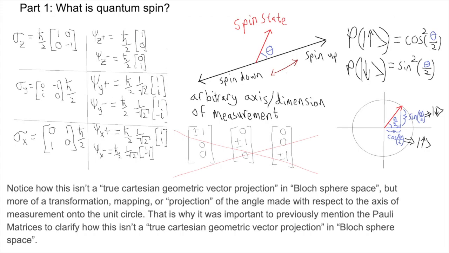Notice how this isn't a true Cartesian geometric vector projection in Bloch sphere space, but more of a transformation, mapping, or projection of the angle made with respect to the axis of measurement onto the unit circle. That is why it was important to previously mention the Pauli matrices, to clarify how this isn't a true Cartesian geometric vector projection in Bloch sphere space.